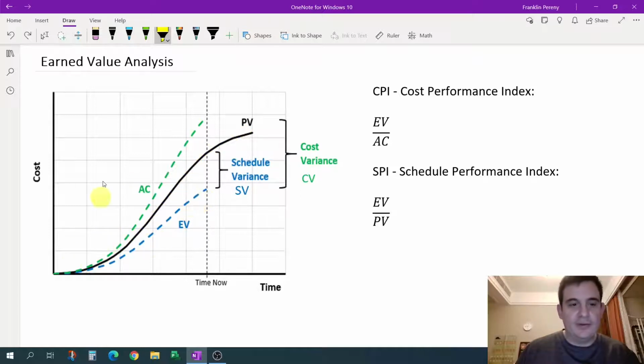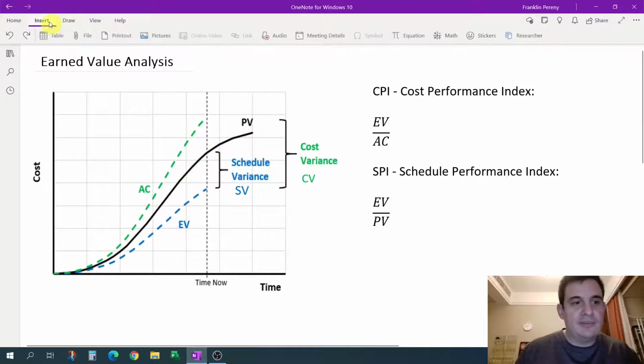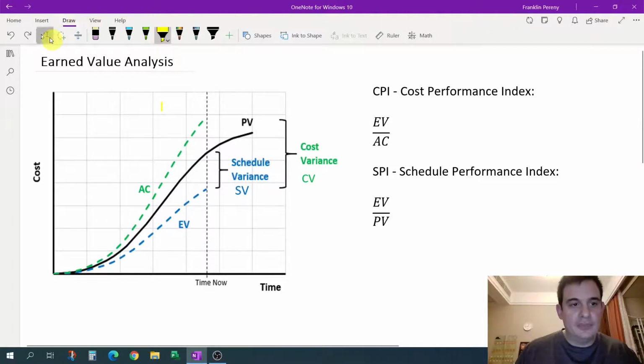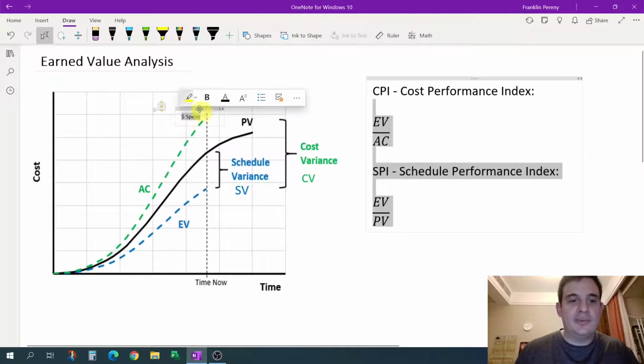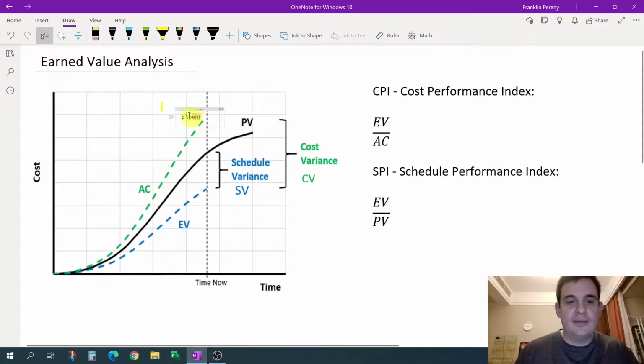So again, just to maybe drive home the point here, let me add a note on here. Let me go back to text. So you can think of the actual cost line as dollars spent.